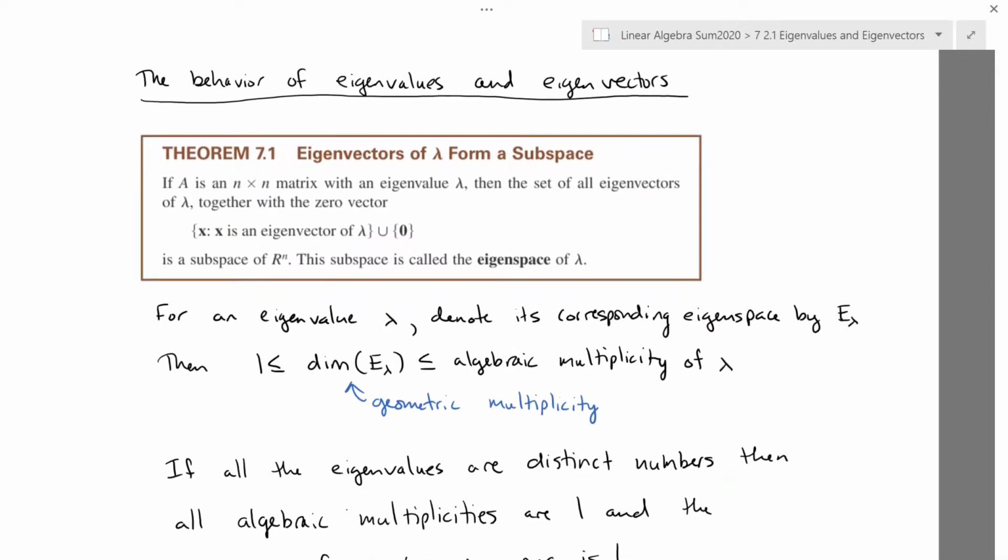The first thing is that for each eigenvalue, when you're trying to locate the corresponding eigenvectors, they form a subspace called an eigenspace. The eigenvectors themselves can't be 0, so to form the subspace, you have to include the 0 vector also. But you get a subspace called the eigenspace.